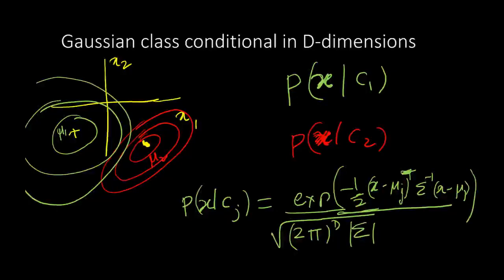So this is a d-dimensional Gaussian, and this j can be either 1 or 2.